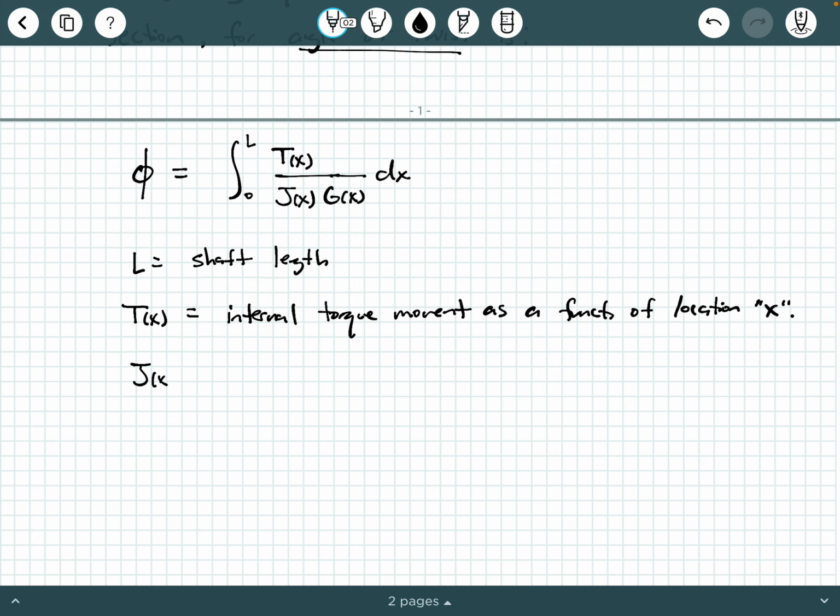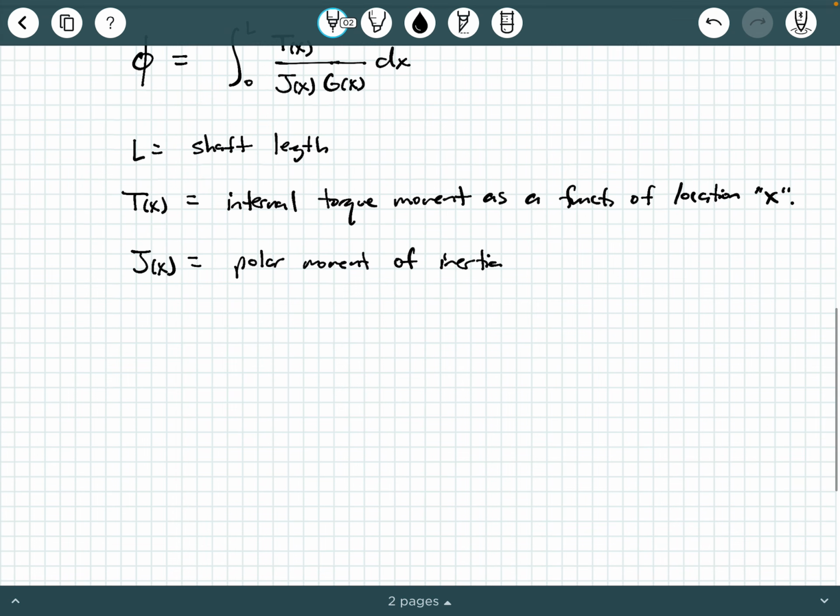J as a function of x is the polar moment of inertia, of course, as a function of location x. And G as a function of x is the shear modulus, or also called modulus of rigidity, as a function of x.